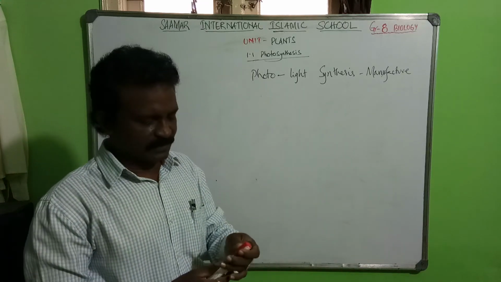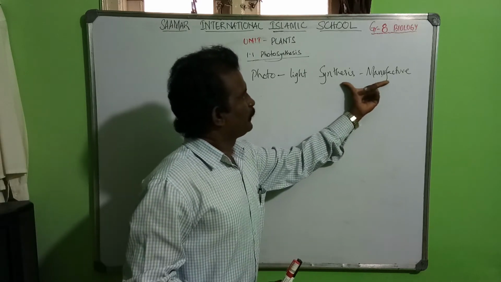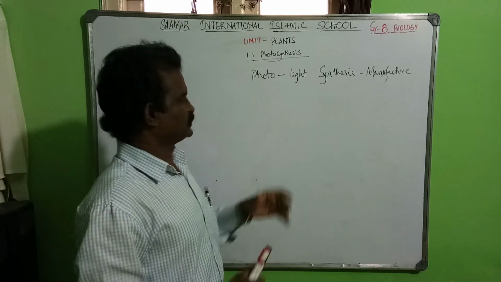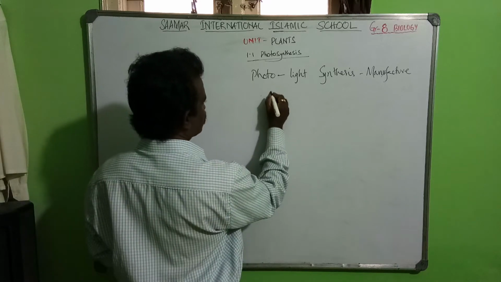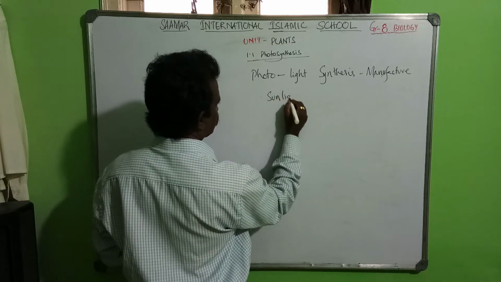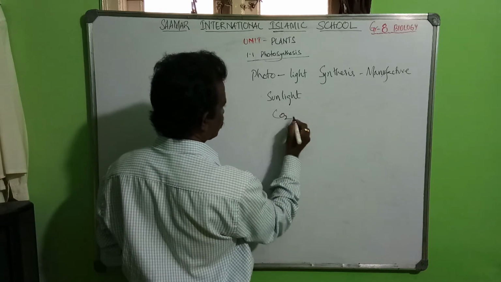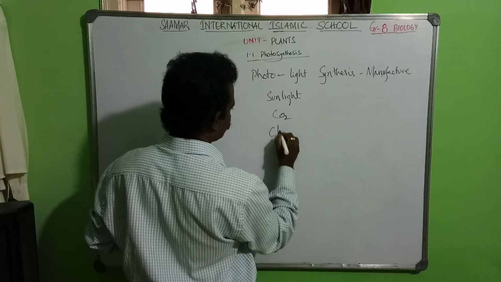Is it clear? Now, what are the essential components for photosynthesis? Can you tell me? First one is sunlight. Second one is carbon dioxide. Third one is chlorophyll.